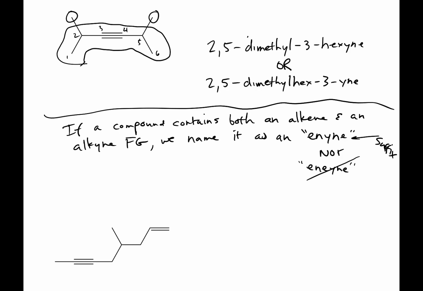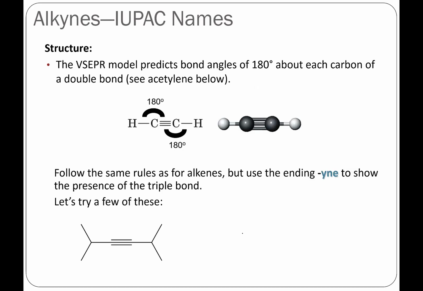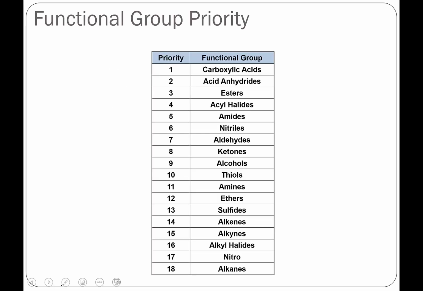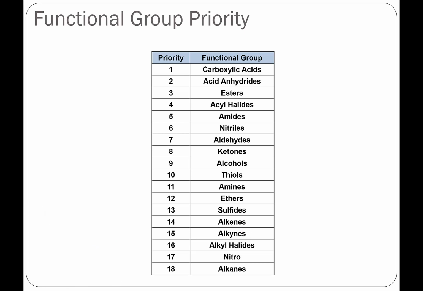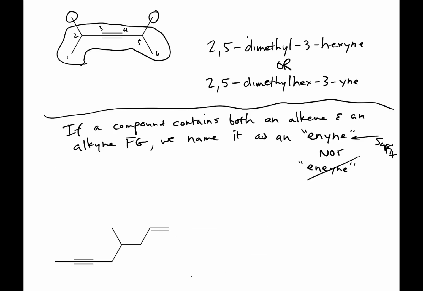Now, a couple interesting things here. Okay, let me just go to the functional group priority list and show this to you. Notice how alkenes on the functional group priority list are higher than alkynes. So this clears up any ambiguity that might exist if and when we encounter something like this, because we're thinking to ourselves, maybe, well, shoot, if this was higher in priority, maybe I should number from this side so that got a lower number rather than numbering from this side, right?